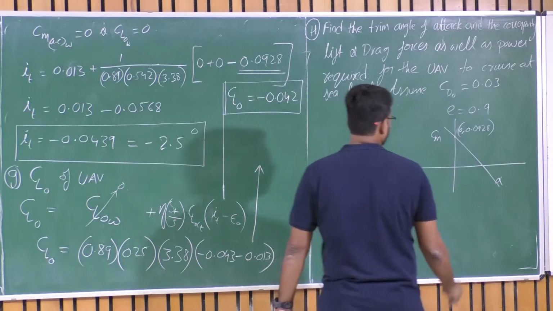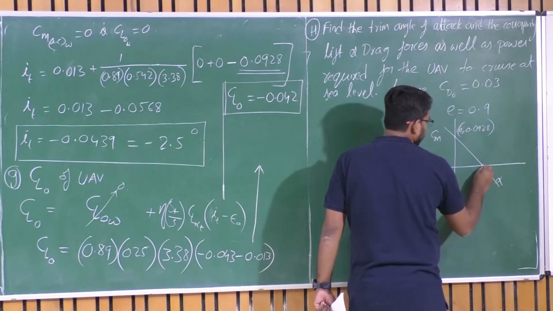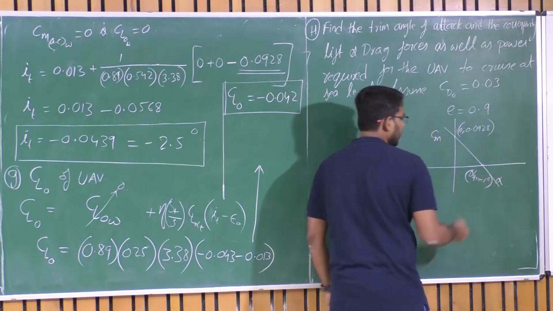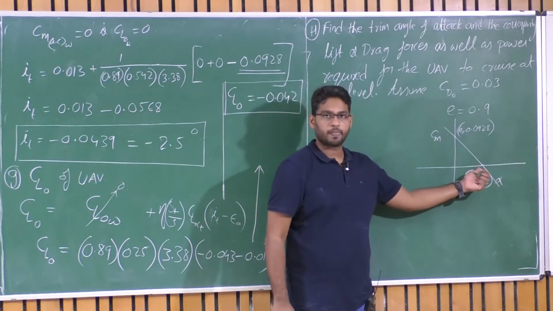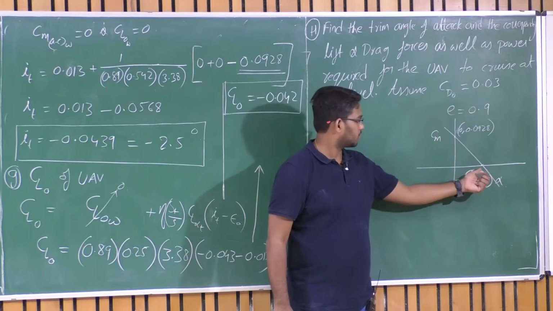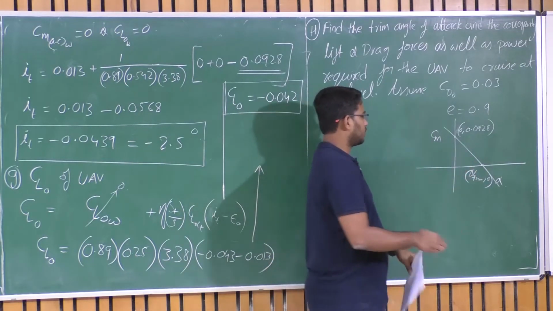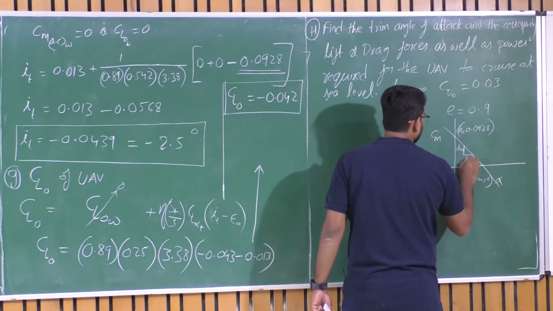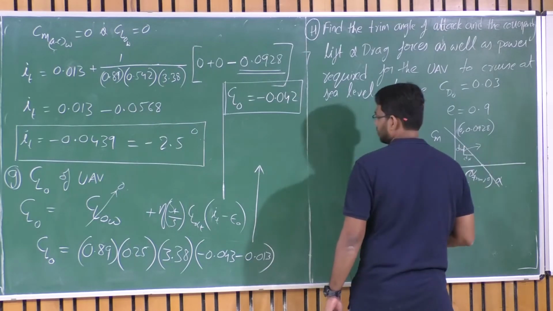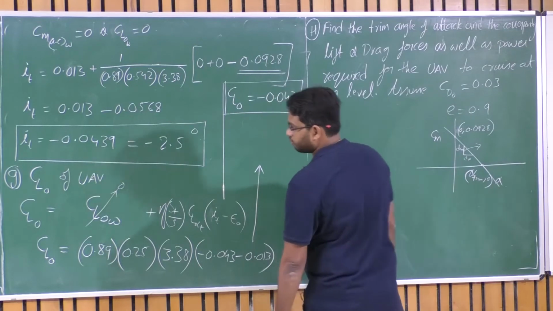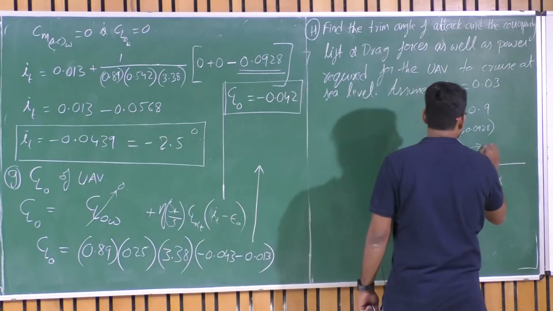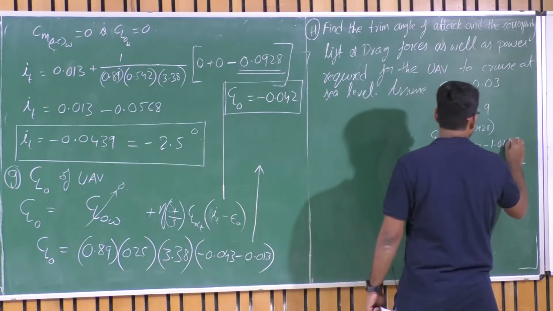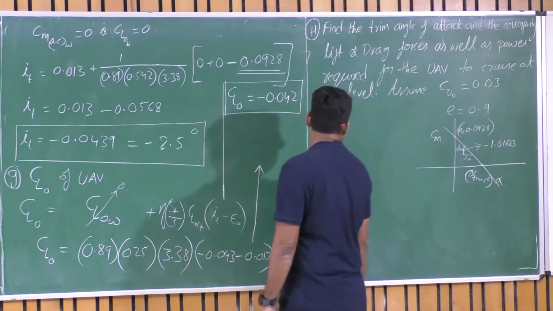This corresponds to alpha trim, where at trim angle of attack the moment coefficient is 0. I know the slope here, dCm upon d alpha. Cm alpha is minus 1.01623 per radian.